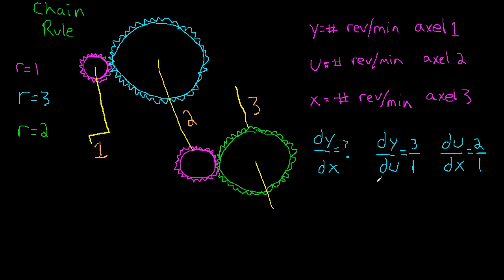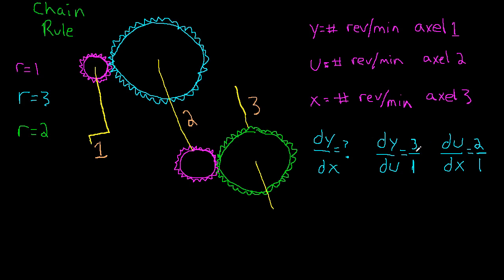Okay, well, so now you can kind of get a picture of this. If the first axle turns 3 times, it turns the second axle once. But we know that the second axle has to turn twice in order to turn the third axle once. So how many times would the first axle have to turn in order to turn the last axle once? Okay, well, think about it.